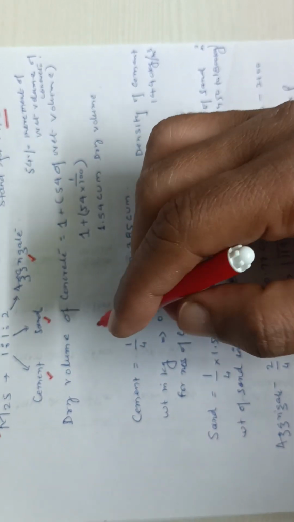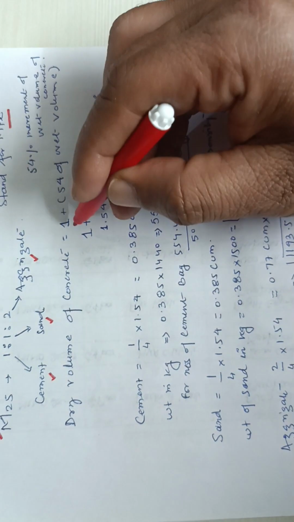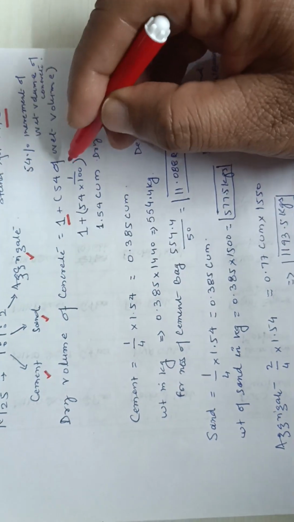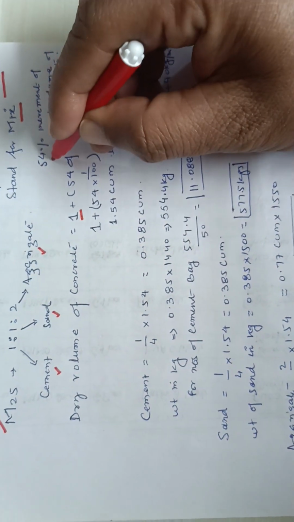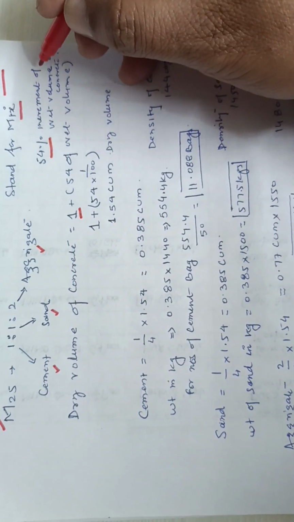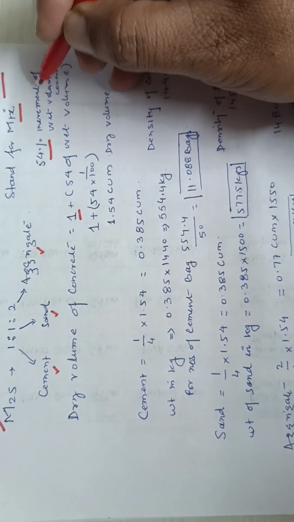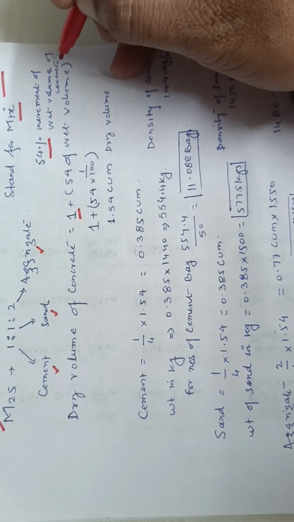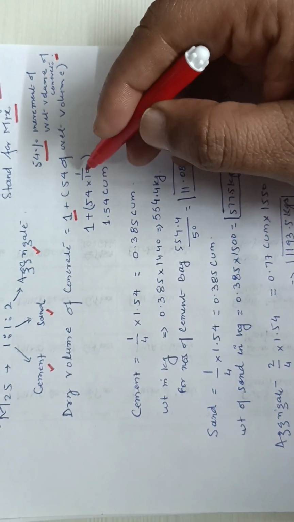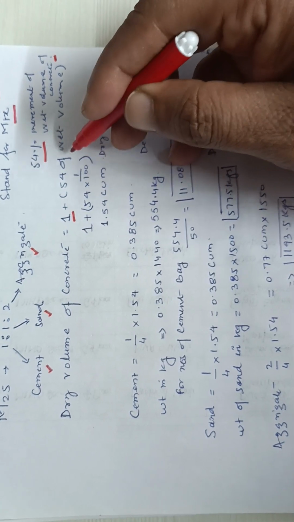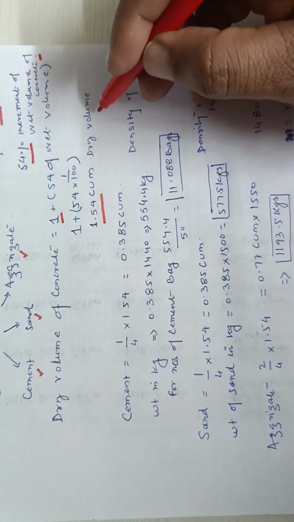So the dry volume of concrete, taking 1 cubic meter, is 54% more than the wet volume. This is a 54% increment of the wet volume of concrete. So 1 plus 54 into 1 upon 100, because it is a percentage, and you get 1.54 cubic meter dry volume.